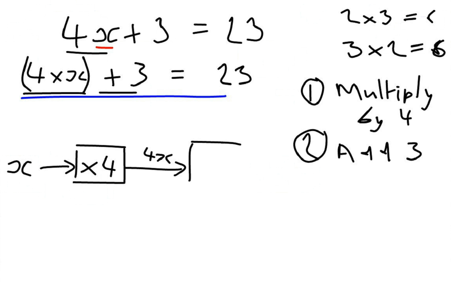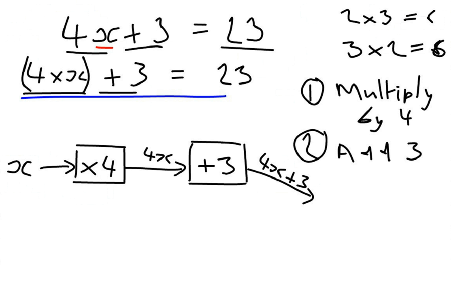The next thing I do, once I've done my 4x, is I add 3. Okay? So let's put my arrow coming out down here. So out of here comes 4x plus 3. And that gives me my answer here of 23.